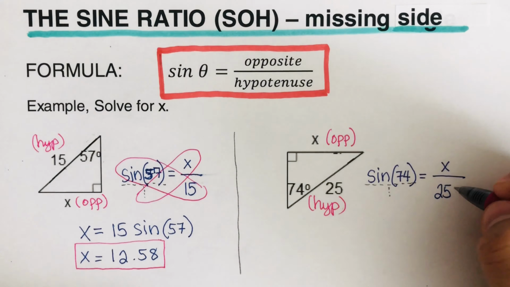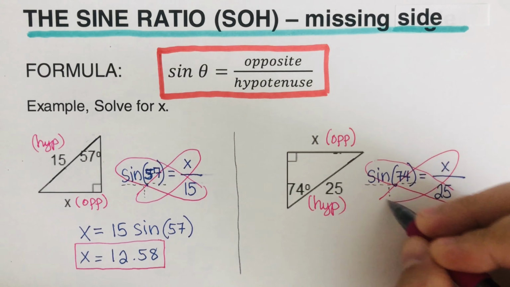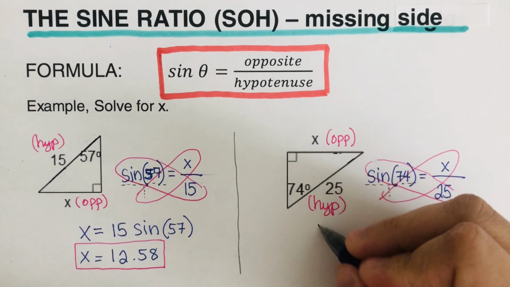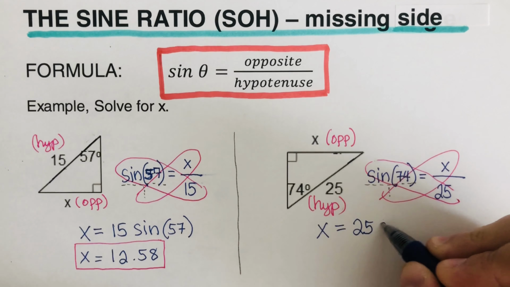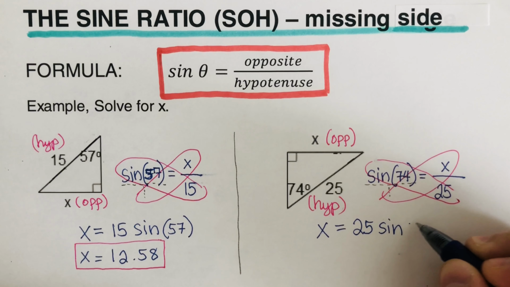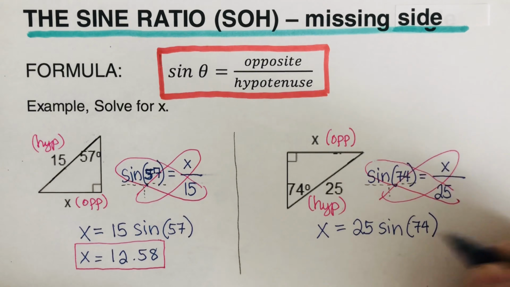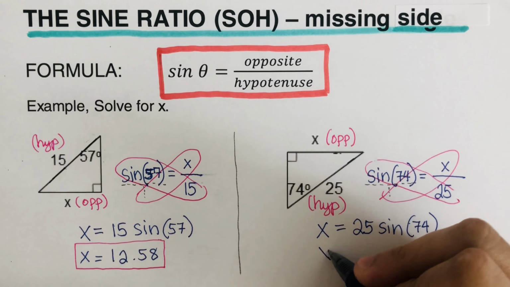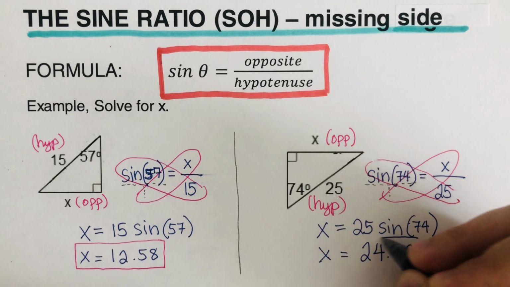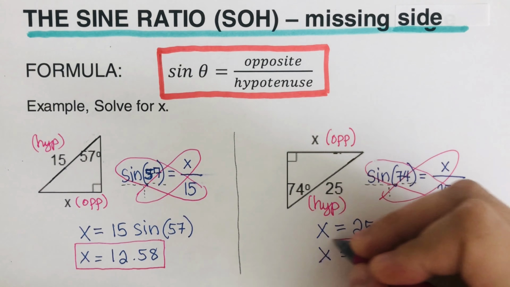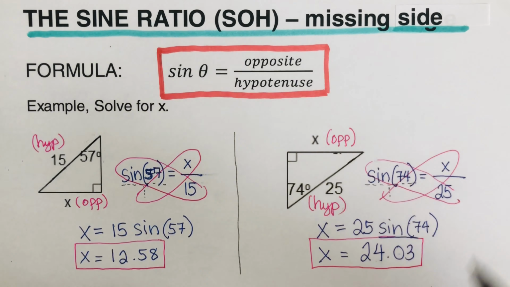And then from here, we can cross multiply these two. So this should come out, x is equal to 25 sine 74 degrees. Then if we use the calculator for this, our x is 24.03. So this is the length of x. Did you get 24.03 for x? Good. Perfect.